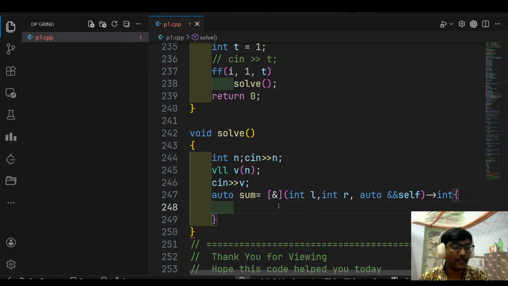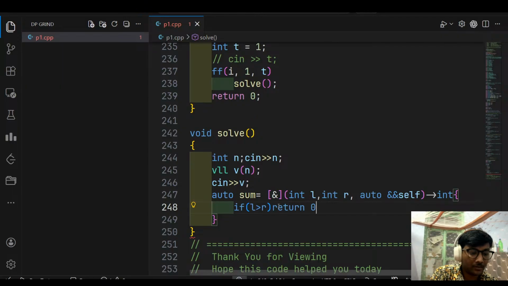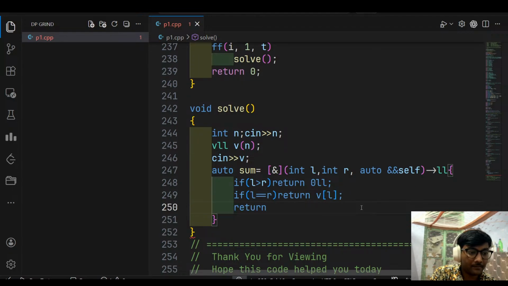So I will say if L is greater than R, return 0. I think I should return long, because the sum can be large. And if L equals R, return the element at R. Otherwise, return the sum function called from L to mid plus the sum function called from mid plus 1 to R.